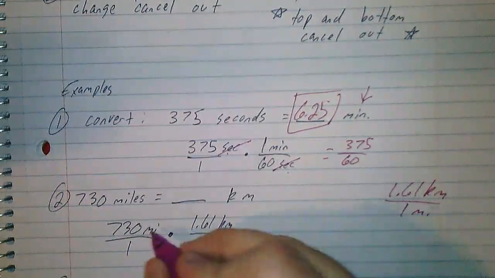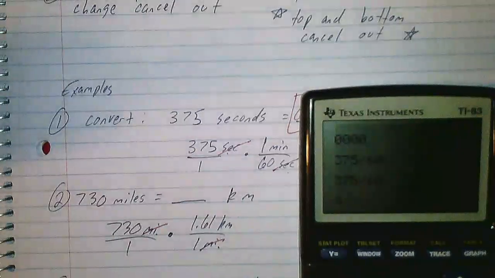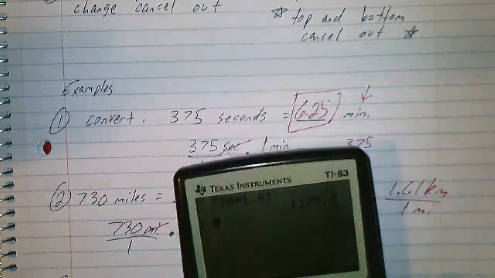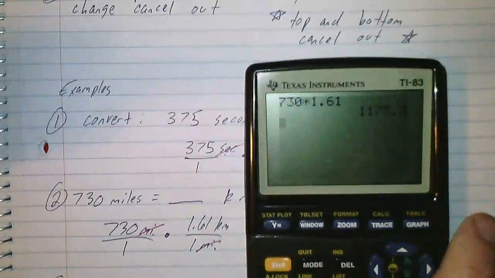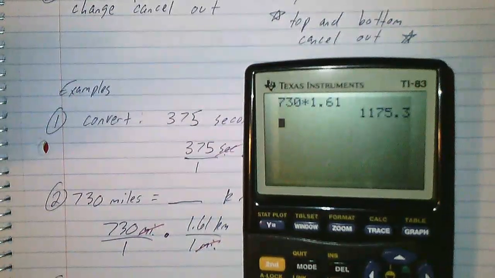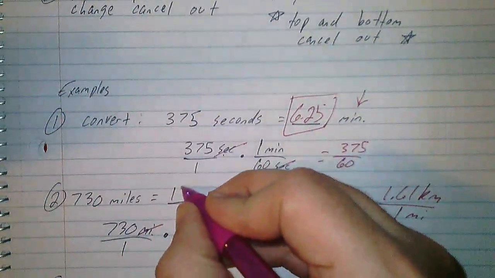Again, miles on top, miles on bottom, cancel out. And we would do 730 times 1.61, and we would get 1,175.3 kilometers.